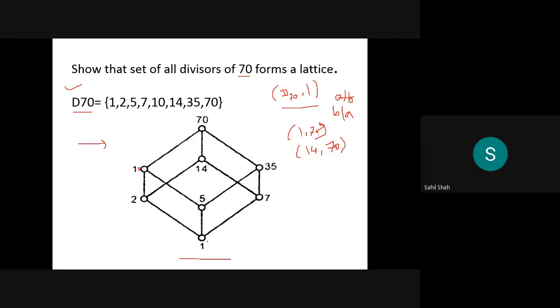We will not check the self pair because, by the property of join and meet, every element itself has a least upper bound as well as a greatest lower bound. How many pairs will you have? For 1: (1,2), (1,5), (1,7), (1,10), (1,14), (1,35), (1,70), then for 2, then for 5, then for 7, again for 14, 35, and finally 70. So you need to check.